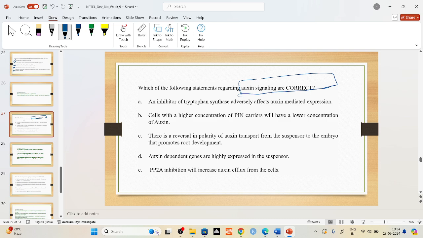In the last question, all the options were unrelated to each other, but these are all related to auxin signaling only.